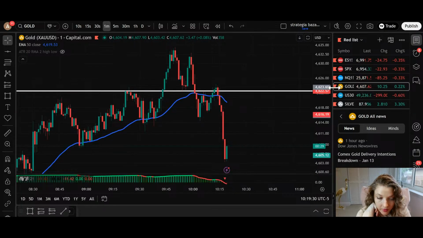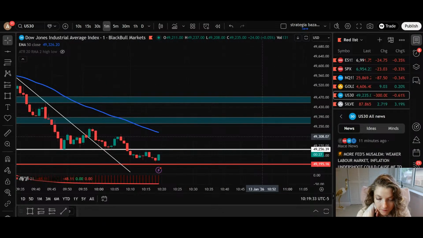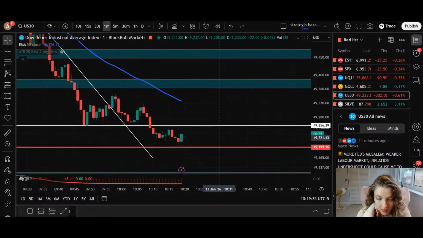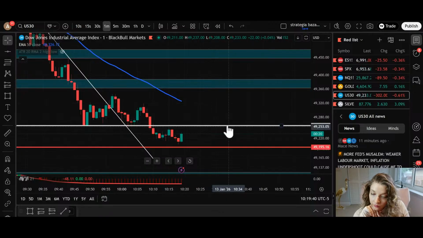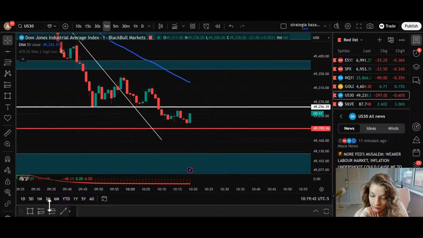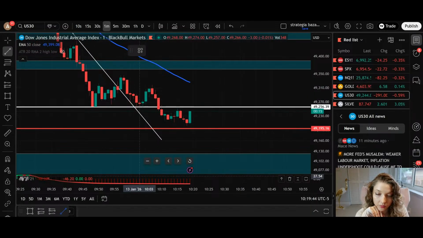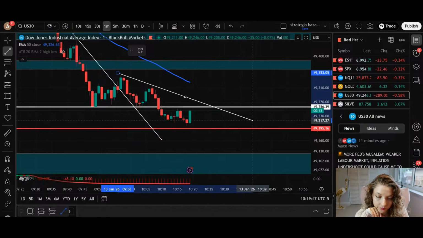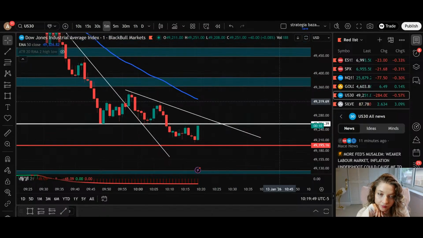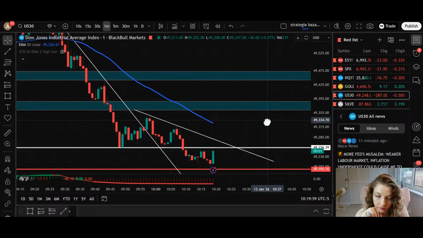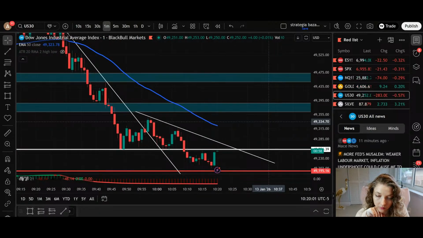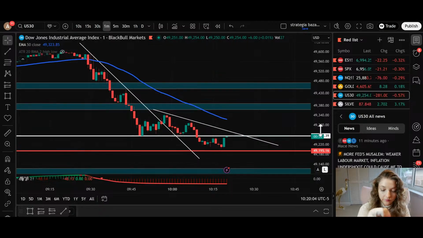Let's go back to the US30. Now here we go. The price almost touched this red line. Harpash, are you in? I'm not in. I missed it, Harpash. Did you hit your full take profit yesterday, right? I'm not in.